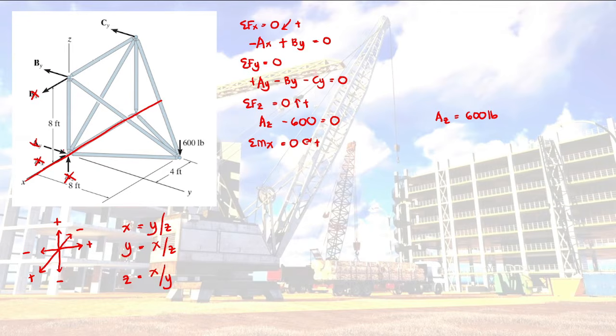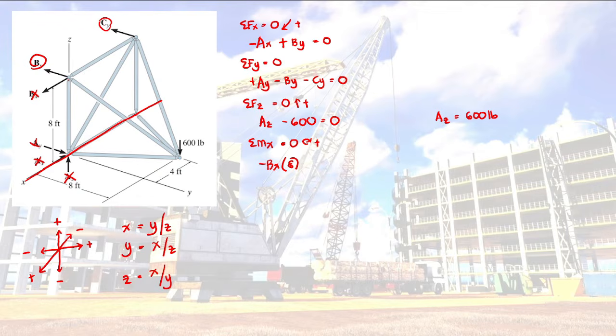So what else? Ano pang iikot dito? So we have the BY and the CY. So our BY here, paano yung rotation niya? It is going that way. So that is counterclockwise. So negative BY times our moment arm. So anong moment arm natin? So from here to here, that is 8 feet. So times 8.